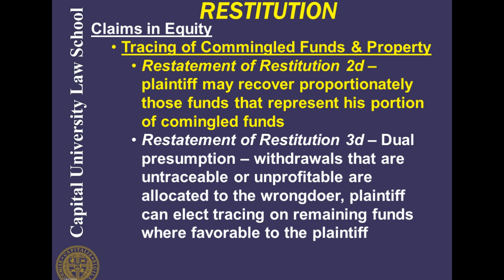And the second presumption here is the plaintiff can elect tracing on the remaining funds where it is favorable to the plaintiff. So these are the 5 tracing rules that allow the plaintiff to follow money, follow property through various transactions and obtain a constructive trust or lien on this property down the line.